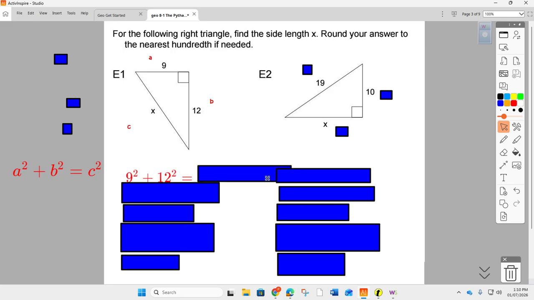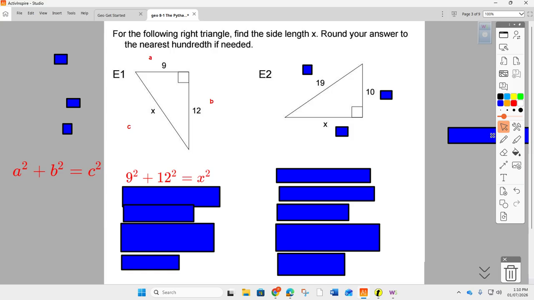So we're plugging that into the Pythagorean theorem: A squared, 9 squared, plus B squared, which is 12 squared, equals our unknown length squared, our hypotenuse squared. If the variable is the hypotenuse, we replace the C with that. If the variable is one of the legs, then we can replace the A or the B in the Pythagorean theorem.